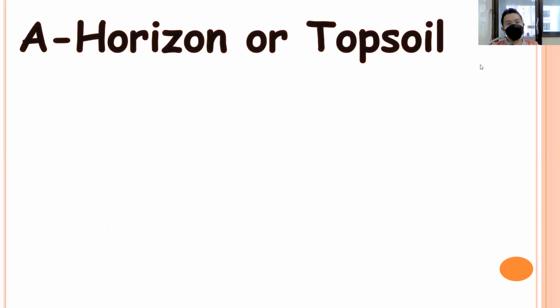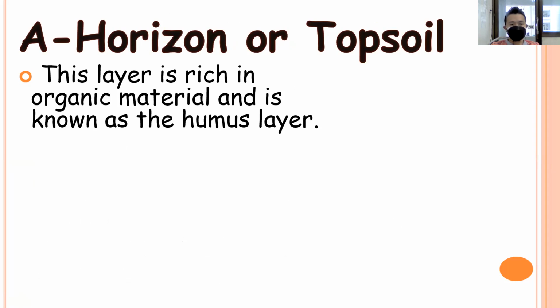So the second one is the A horizon. A horizon means the topsoil. This layer is rich in organic material and is known as the humus layer. This layer of soil is the second from the organic matter, which is the humus, as I told you a while ago.